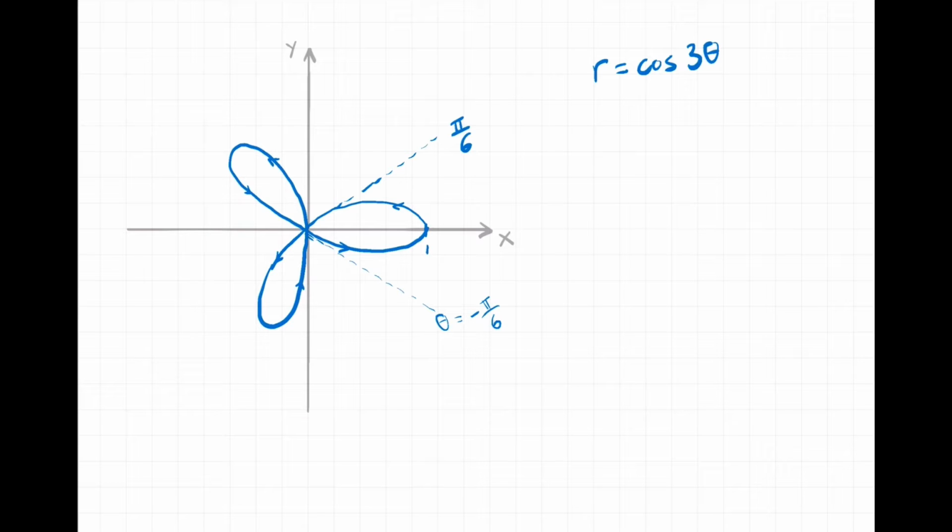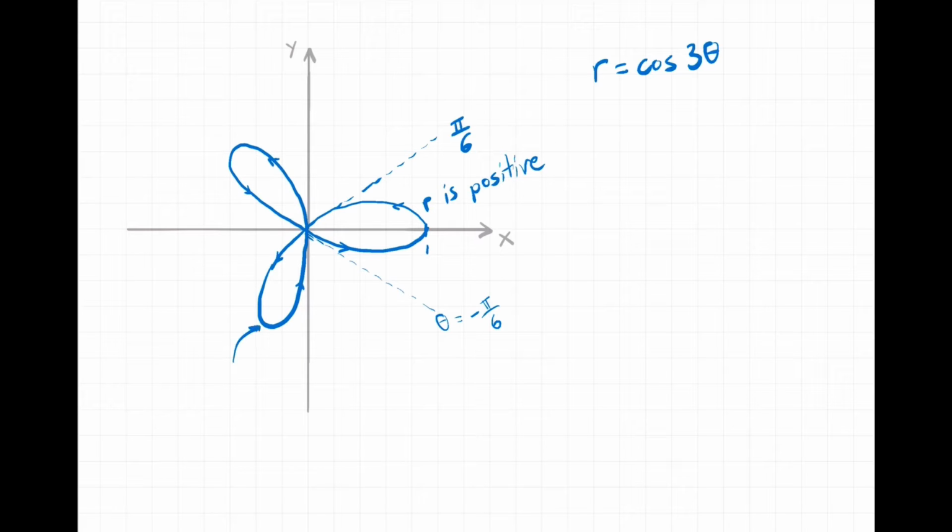As theta progresses beyond pi over 6, more than pi over 6, you'll find that your r ends up being negative. And so as you are traveling around this part of the curve here, these values of theta, your r is actually negative, and you end up over in the 3rd quadrant because your r is negative. So over here, r is positive. And we're actually looking at values of theta.